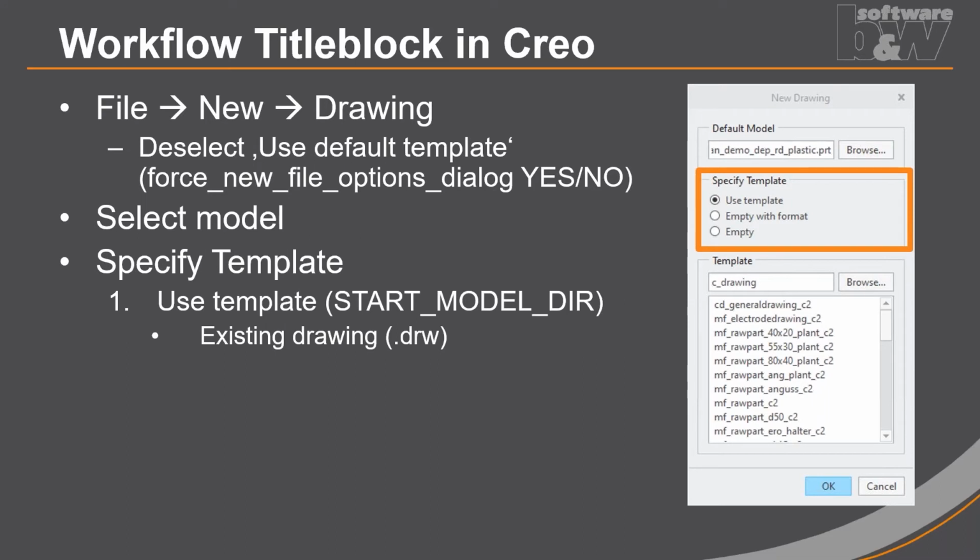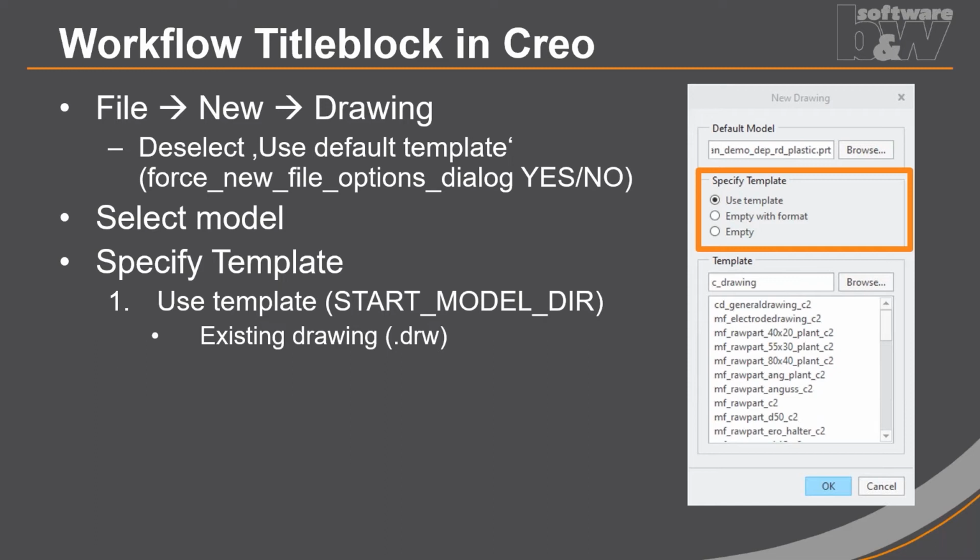The next thing you have to specify is the method of how you use a template. The first option is using a regular drawing as a template. It can be a template drawing, but it's more or less a regular drawing.